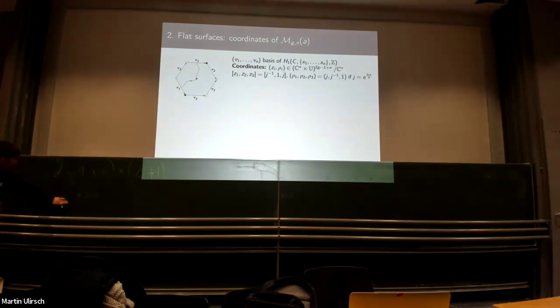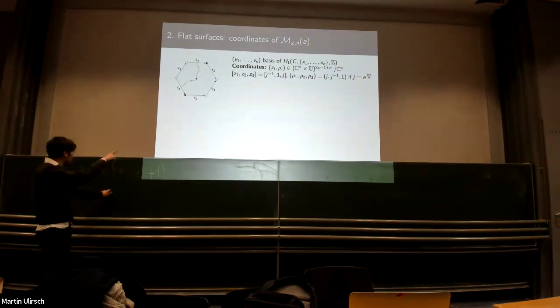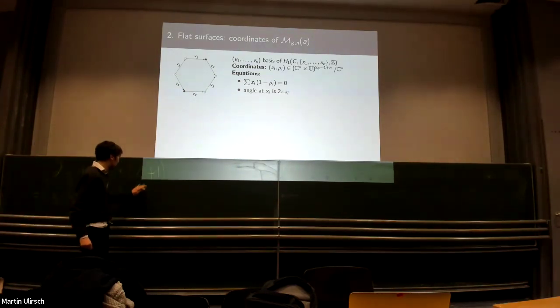Sorry, no. I'm off by n plus 3. Okay, and where does that come from? They come from the fact that first, I have killed 2 parameters by the direction of C star. And then I have one equation which is just asking that my polygon close. The first equation is just saying, if I take Z1 plus Z2 plus Z3 plus their rotated version upstairs, it should define a polygon that closes. Otherwise my vectors could be standing anywhere.